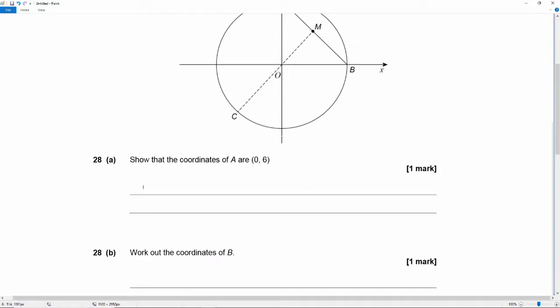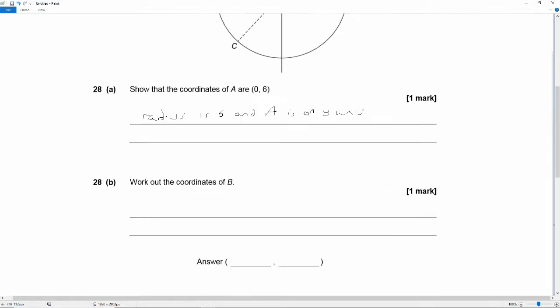So I'm just going to put radius is 6, and A is on the y-axis. So the coordinates are 0, 6.